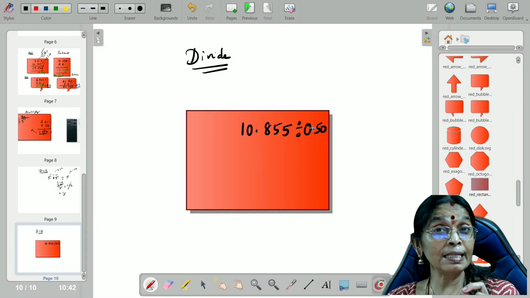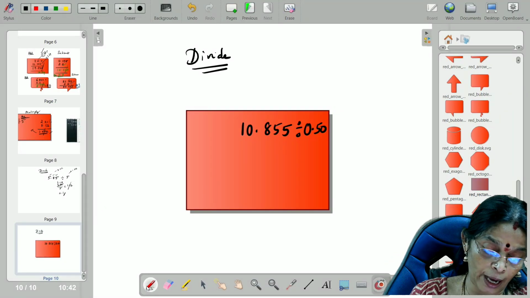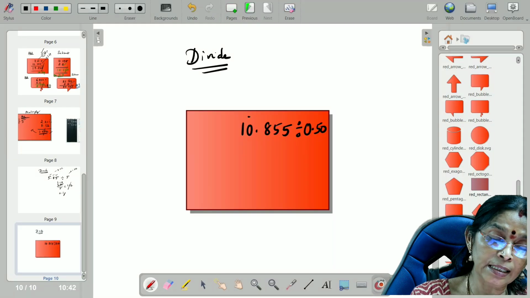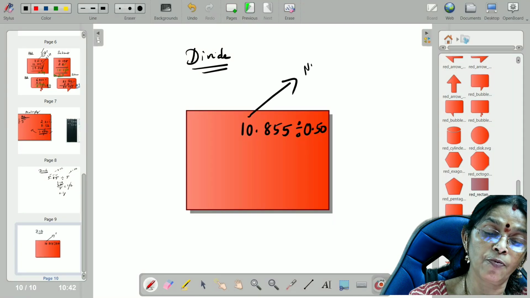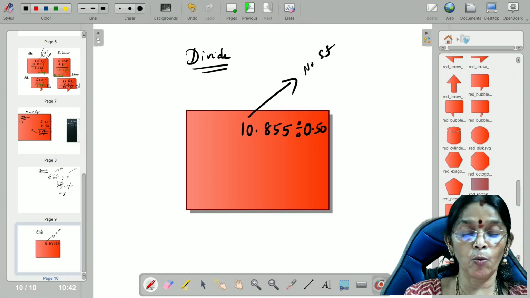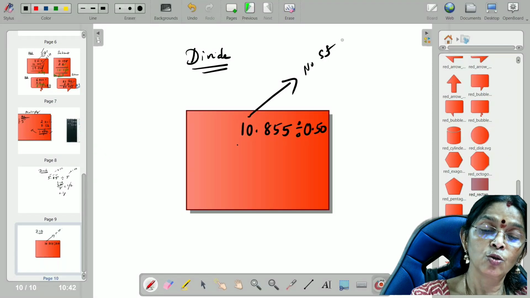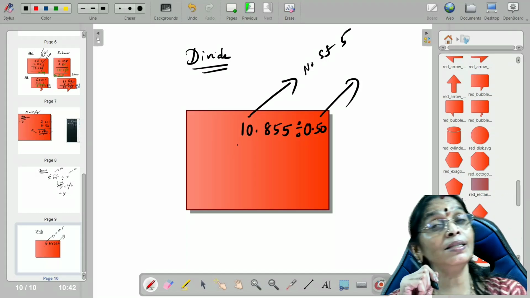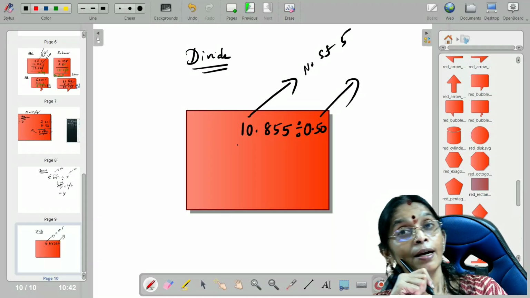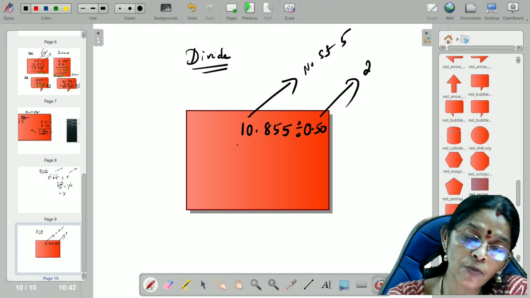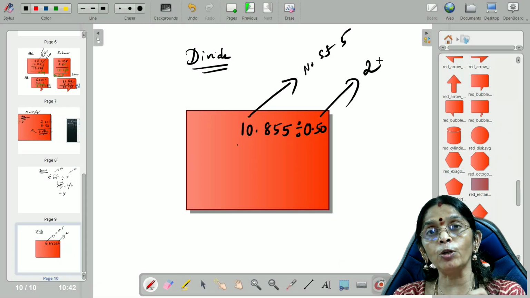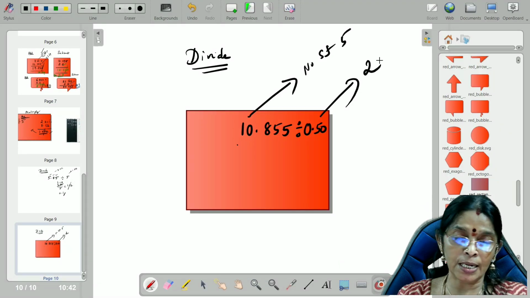Now you have to understand how many significant figures you have. In the first number, 1, 2, 3, 4, 5. So 5. In this case, how many significant figures, tell me? It is 2. Therefore, the answer should be reported to the minimum number of significant figures, that is 2.